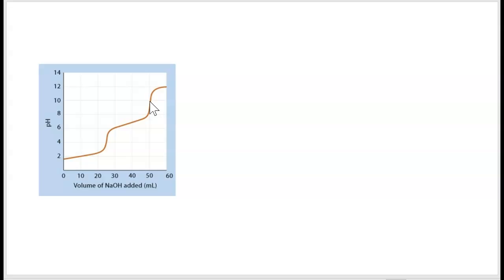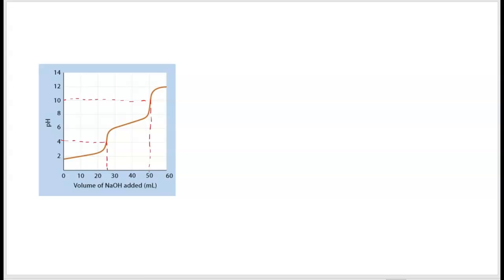The question is, is this the titration curve of a diprotic acid, which has two acidic hydrogens, or is this a mixture of two acids, one with an equivalence point at pH 4 and one with an equivalence point at pH 9 or 10, excuse me.